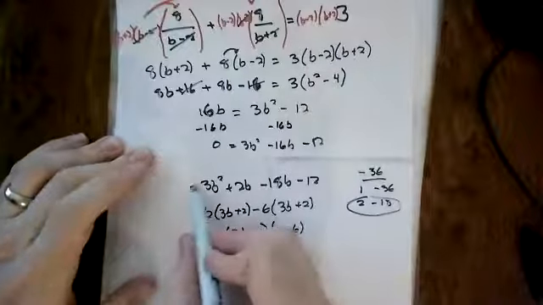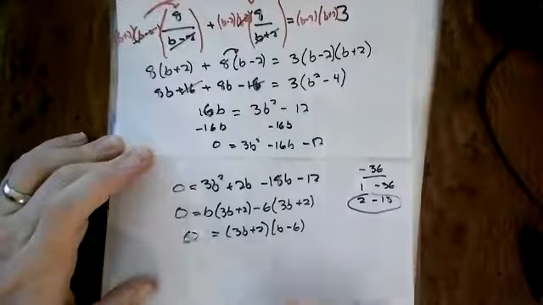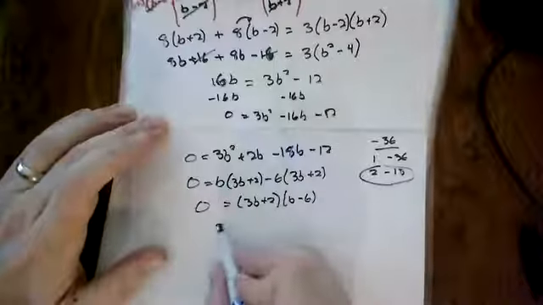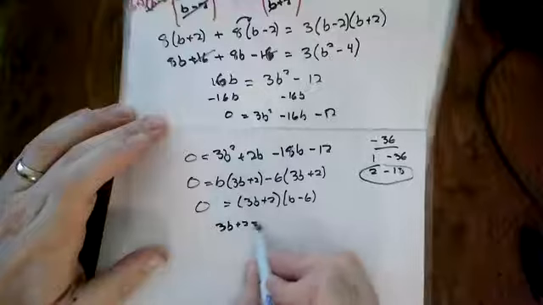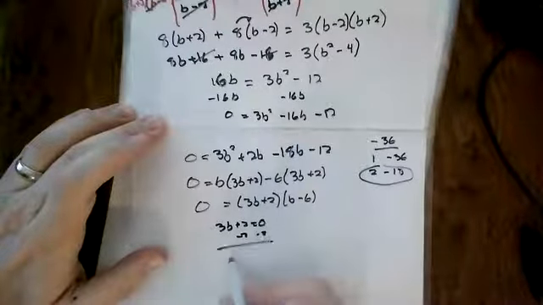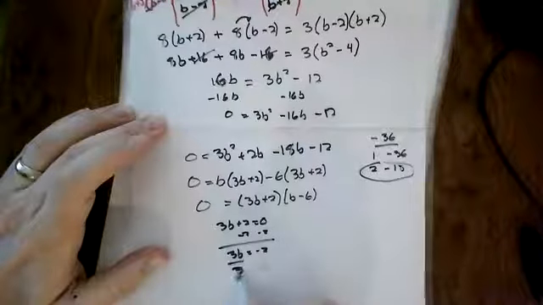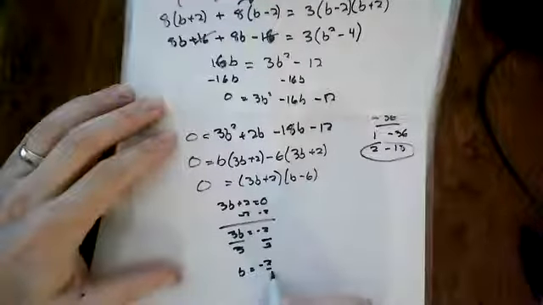And this is all still equal to 0. Set each factor equal to 0. I'll have 3b plus 2 is equal to 0. I'll subtract 2 and end up with 3b is equal to negative 2, or b is equal to negative 2/3.